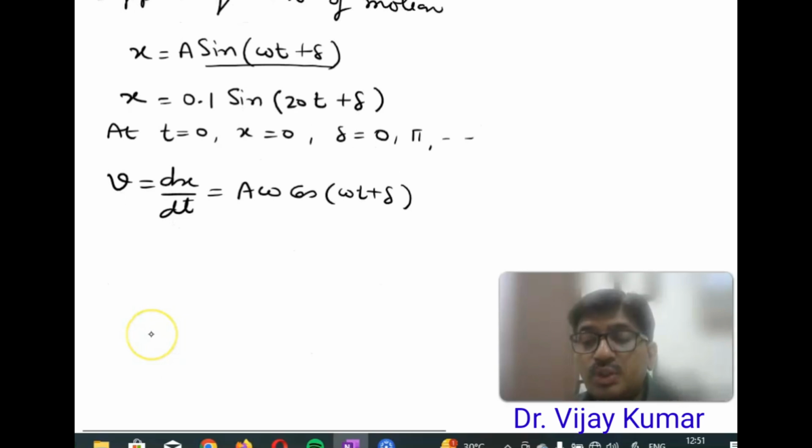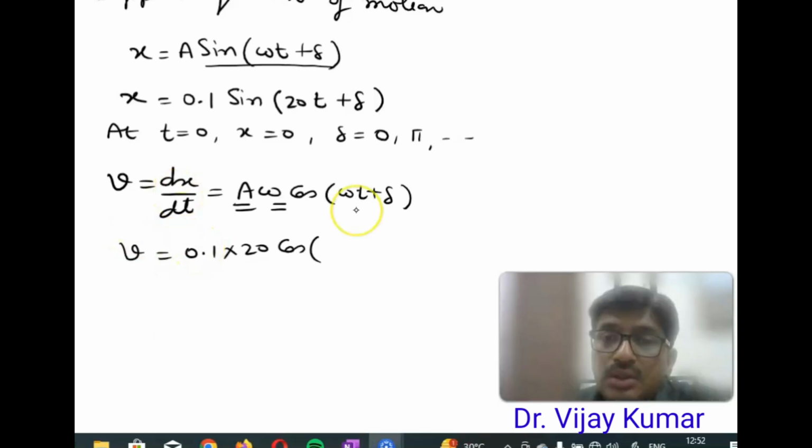Now put the values: A is 0.1, omega is 20, and at t equal to 0 this term becomes 0, so at t equal to 0, v is 0.1 into 20, which is 2, cos delta.